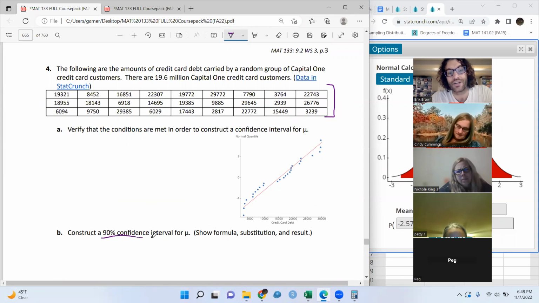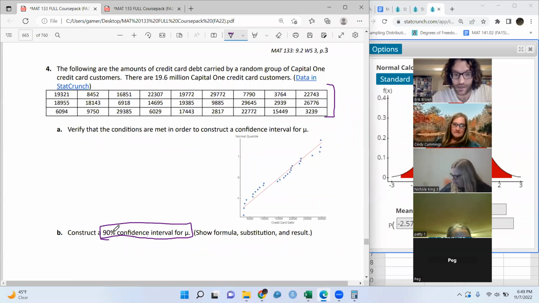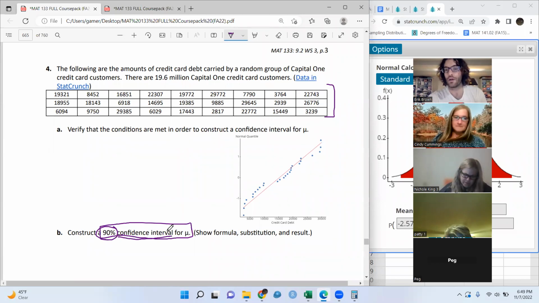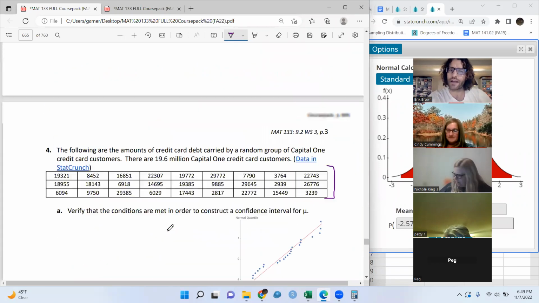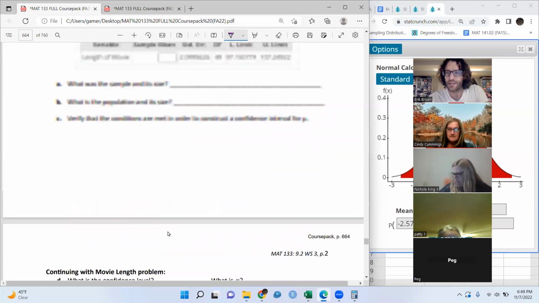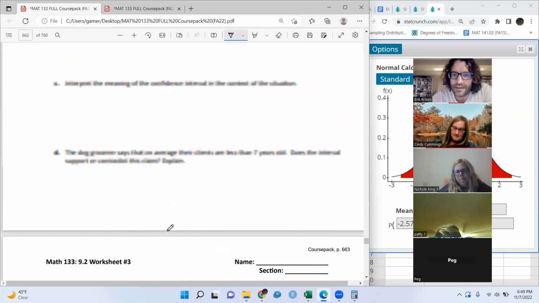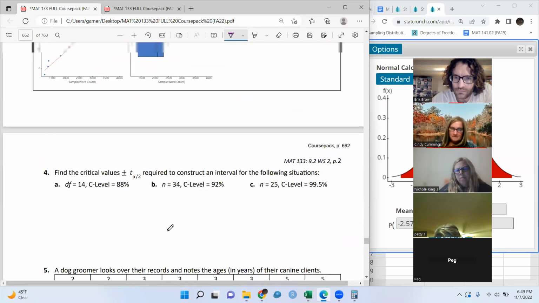Here's a percentage in a problem that says calculate an interval for mu. So here you have to be careful with the percent. If it's attached to the words confidence interval, it's the C level, the confidence level, which is weird too, right? Because why don't we say 90% confidence level for a confidence interval?